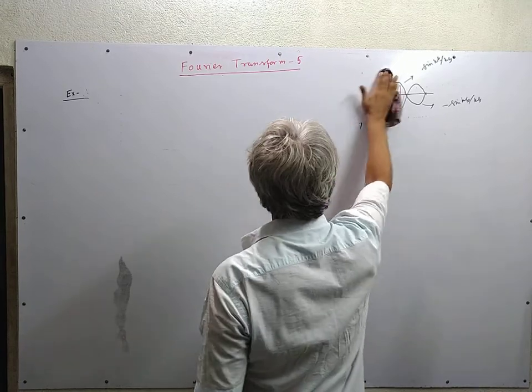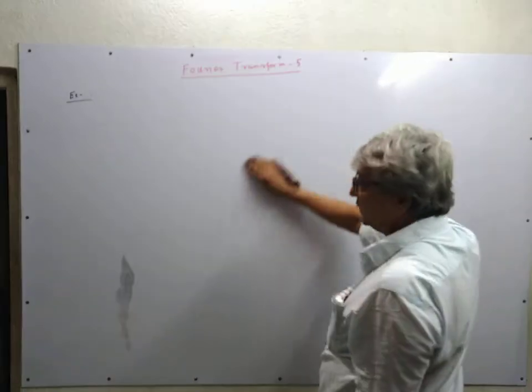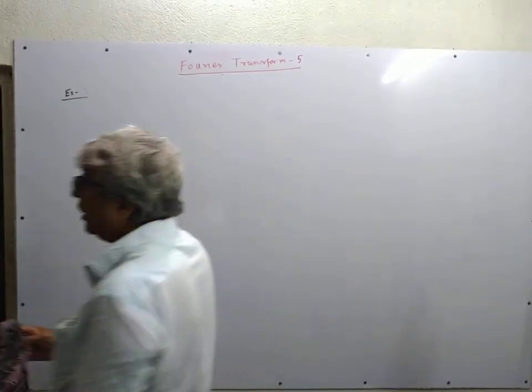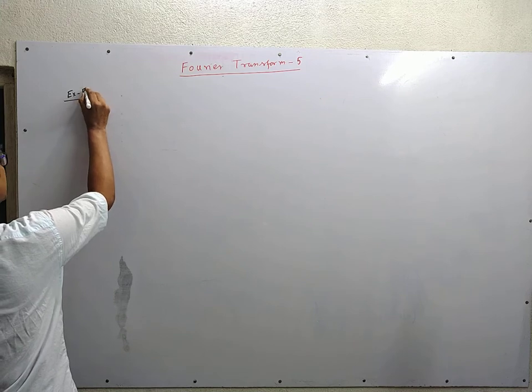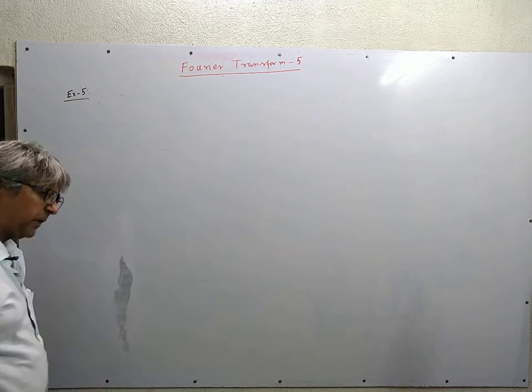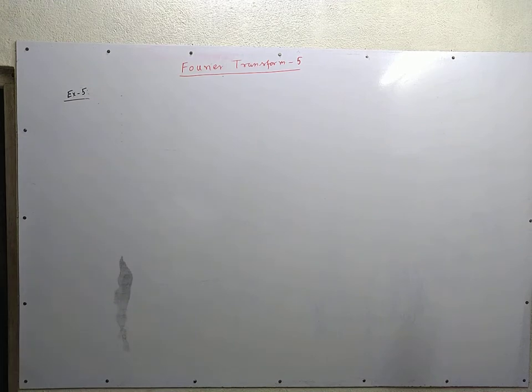In the examples that we are going to consider onwards, sometimes the mathematical manipulation may become complicated because it may involve a few more terms, and which will take a longer time to work out over here.